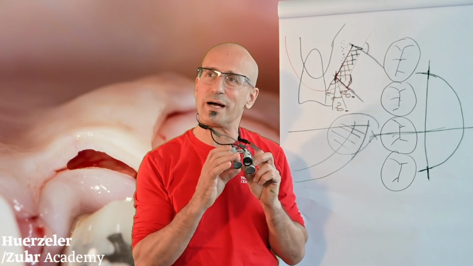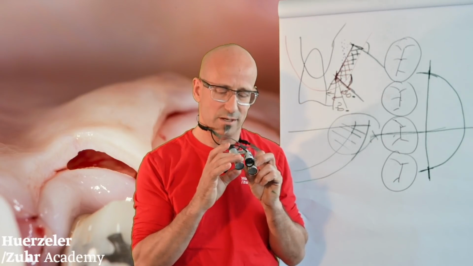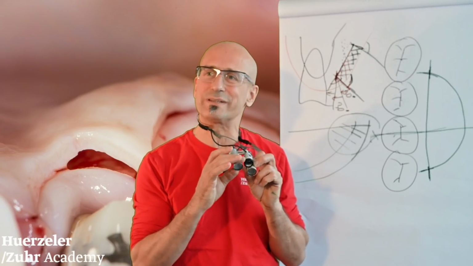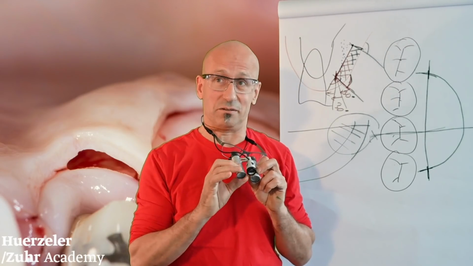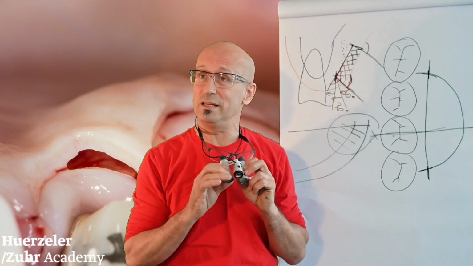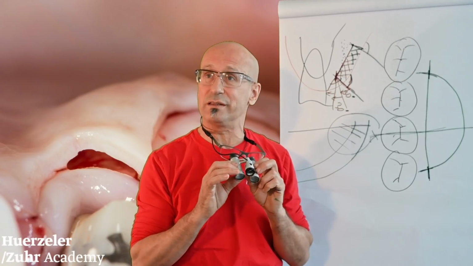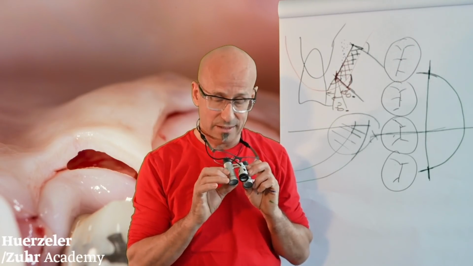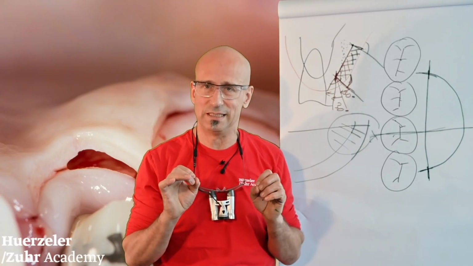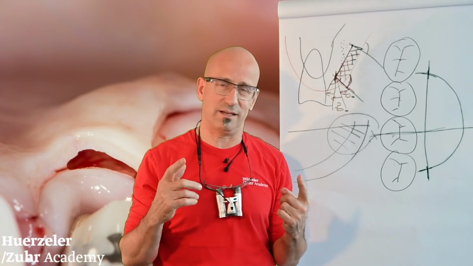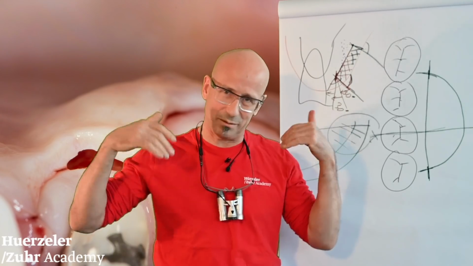And now I have a magnification of about 9 to 10 times. It's a future loupe. We strongly believe in it. Otto and myself have been using it for 1 year now. We are totally excited. One thing I have to say, this is really for freaks, for people who want to get better and better.